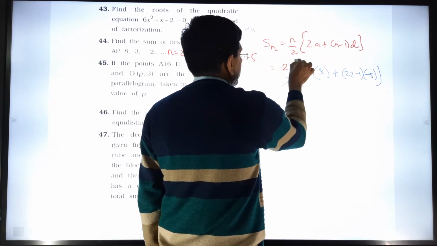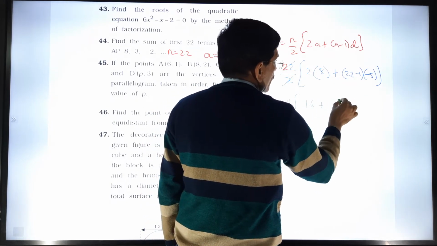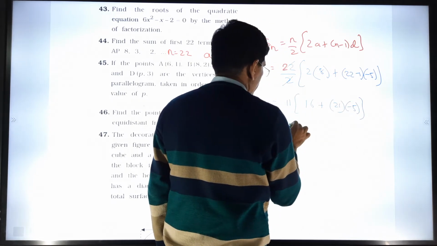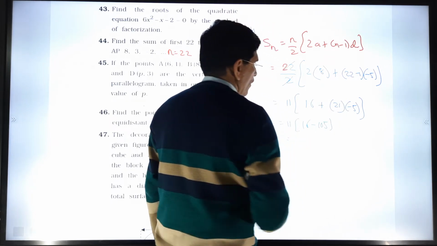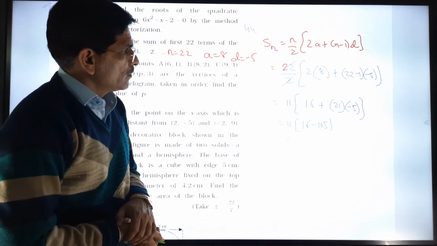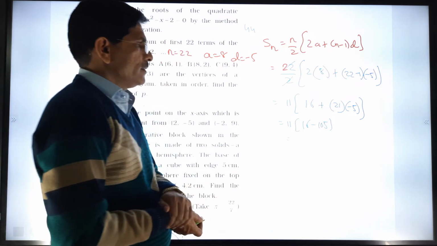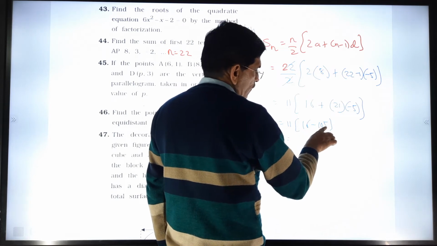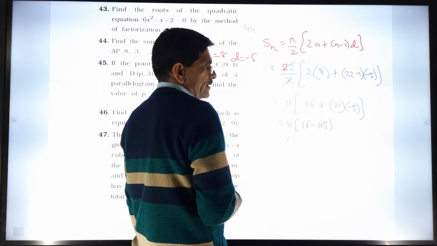If I divide, we get 11 into 16 plus 21 into minus 5. So 11 into 16 minus 105, since 21 times 5 is 105. 105 minus 16 is 89.